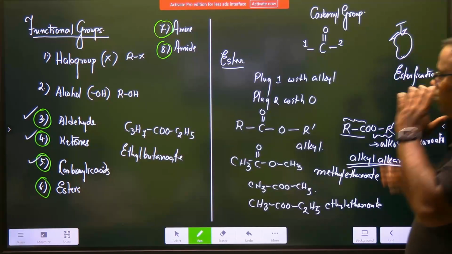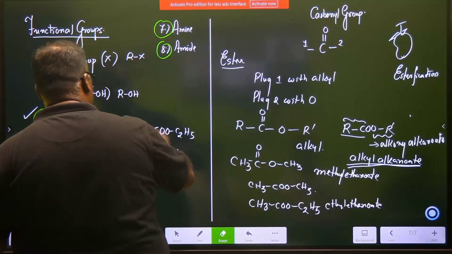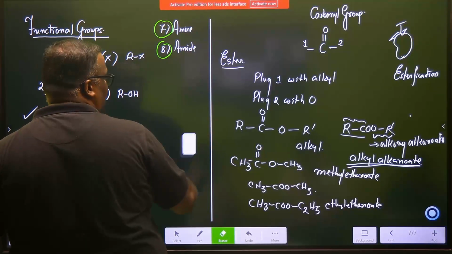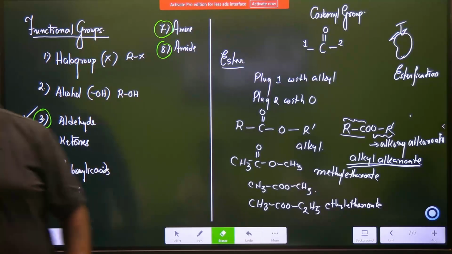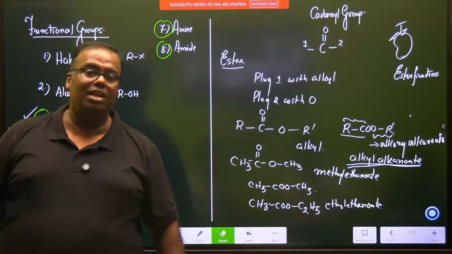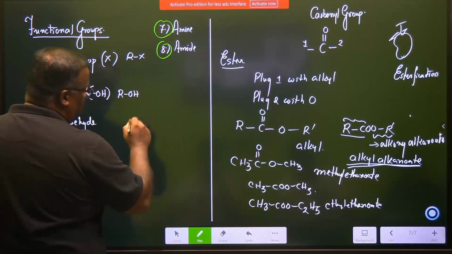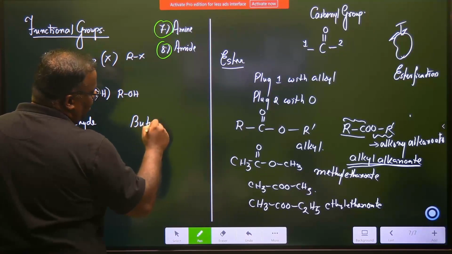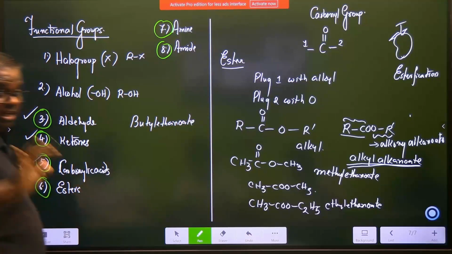Okay. Now I'll give you a name. You tell me the structure. Okay, Raghav, ready? I will give you a name. You tell me the structure. Butyl ethanoate. So break it first.